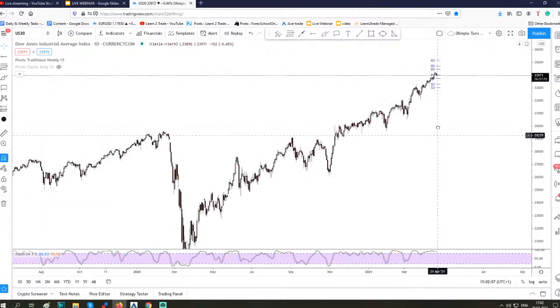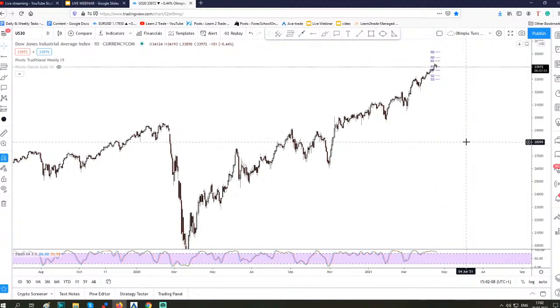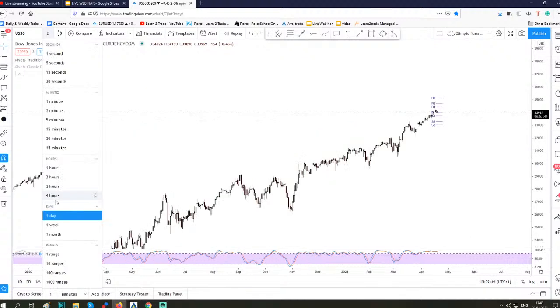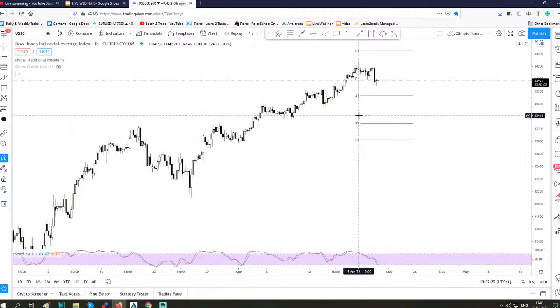We have an uptrend here, as you already know. Dow Jones, the US 30, has reached a new historical high. It has increased as much as 34,271.